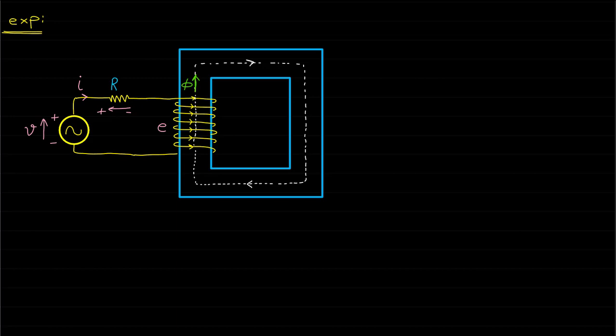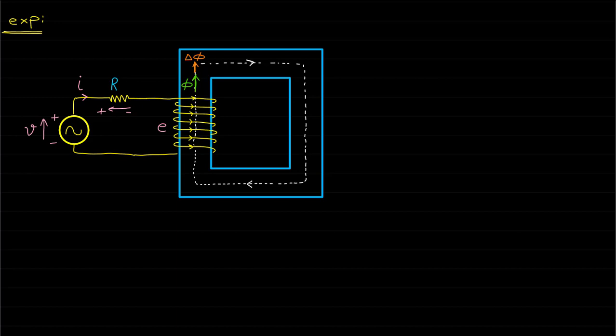Let's assume that the magnetic field phi is increasing by delta phi in the direction shown. To identify the polarity based on Lenz's law, first we need to close the circuit of the coil.